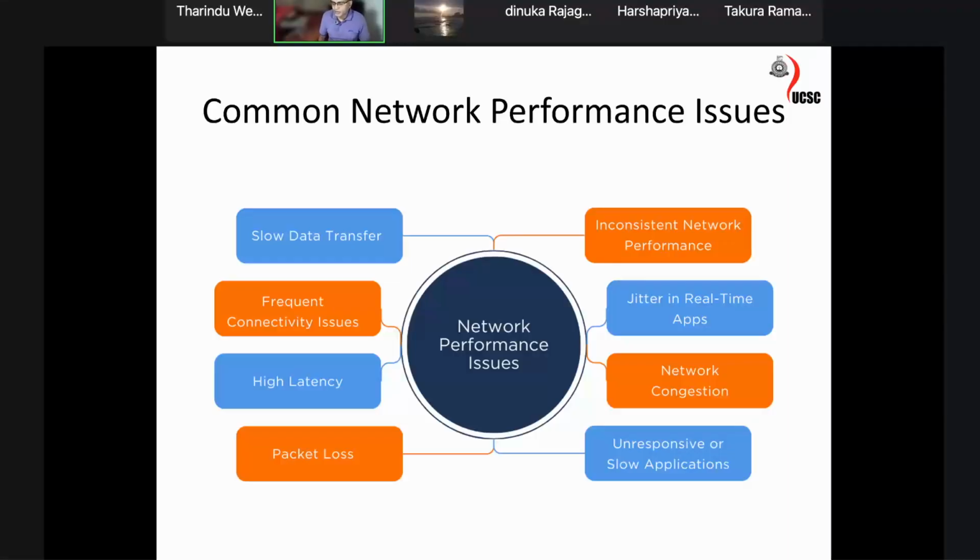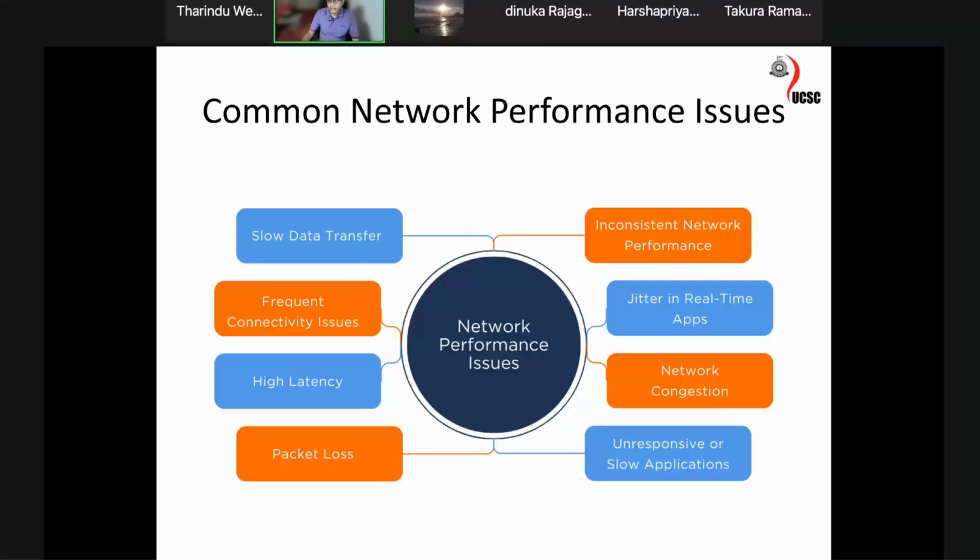When you're troubleshooting, you need to classify whether this is purely an application issue or a system or network issue before you troubleshoot. Or you can troubleshoot in parallel as well, but it is good to identify the root cause by your troubleshooting methodology. So this is the summary of network performance issues.